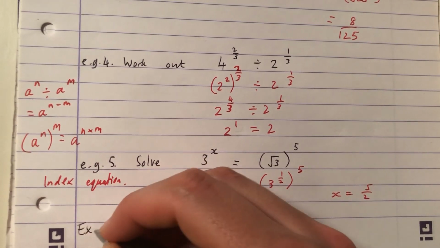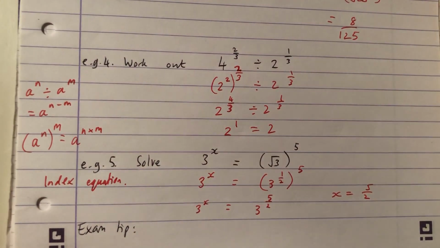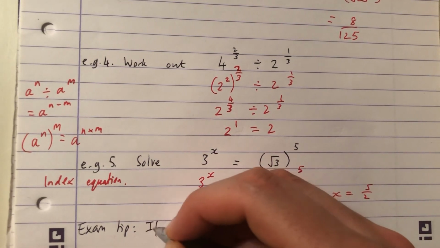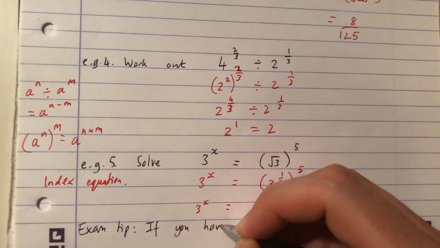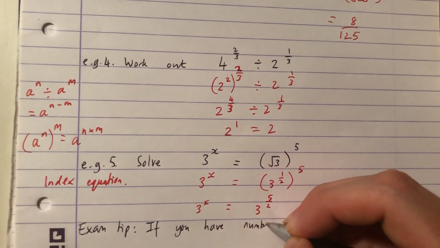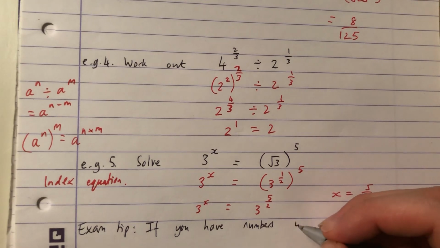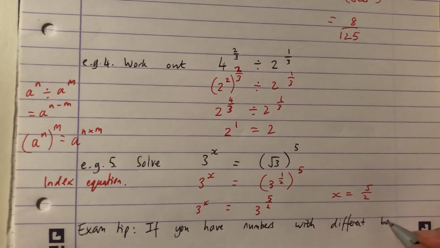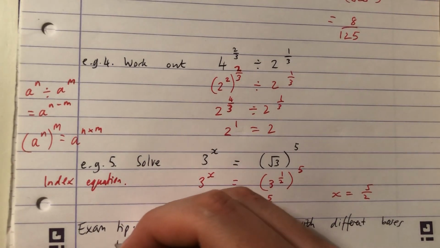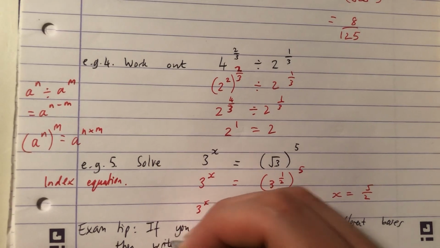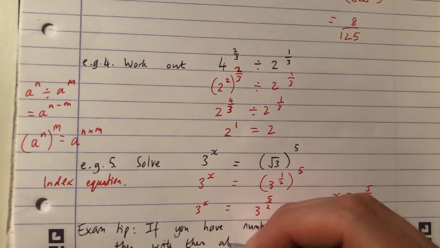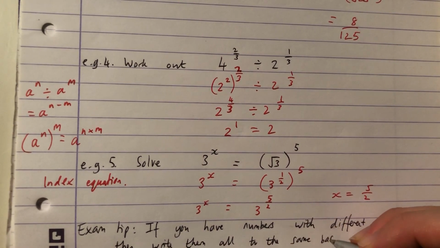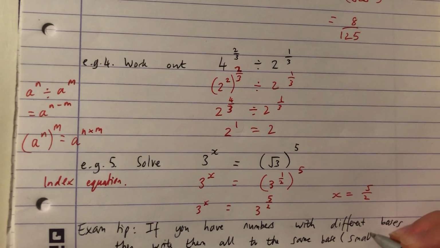But the exam tip I'd like you to follow is: if you have numbers with different bases, then write them all to the same base, and it's normally the smaller number.